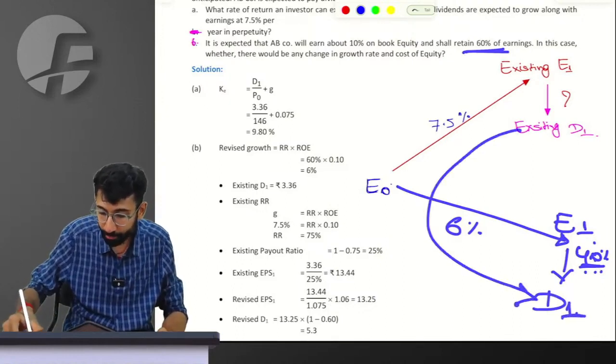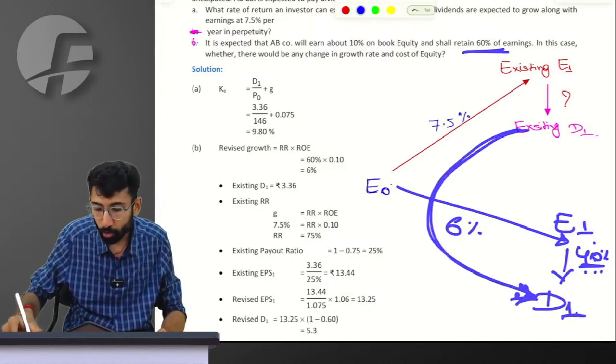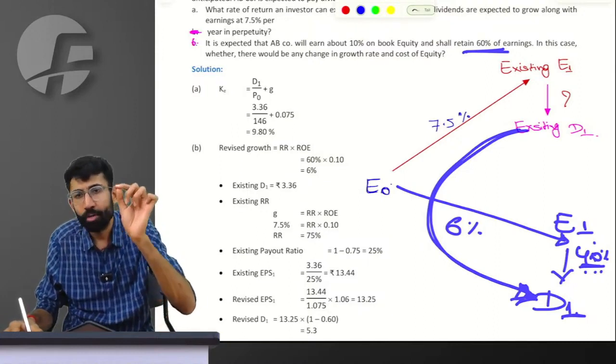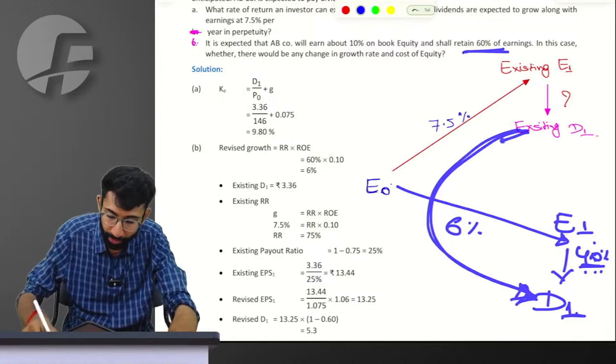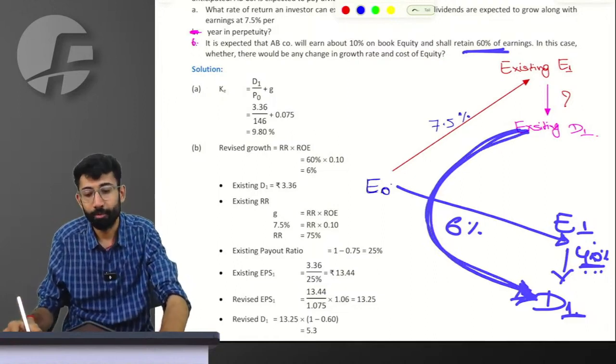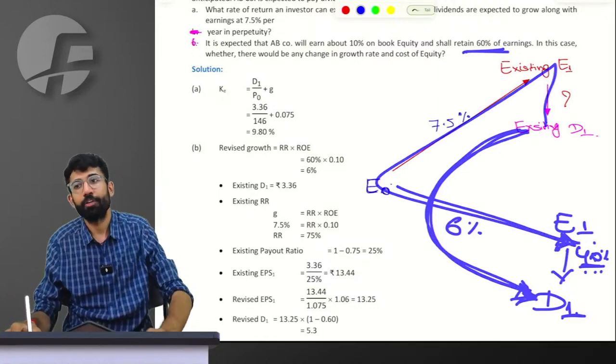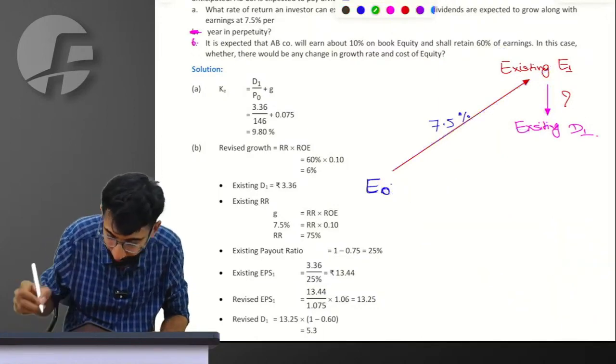I cannot simply add the dividend growth to the dividends. Whenever the payout ratio changes, do you realize I cannot calculate D1 from D0? I have to go through earnings. Requesting your response, could you understand it or not, everyone?